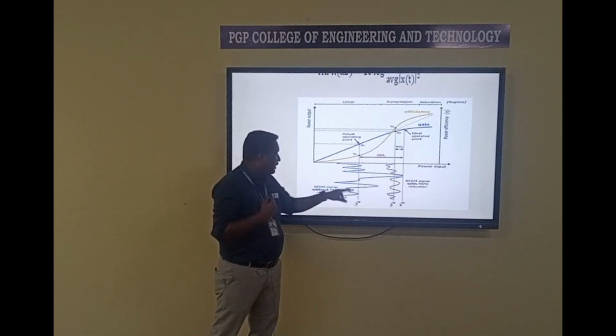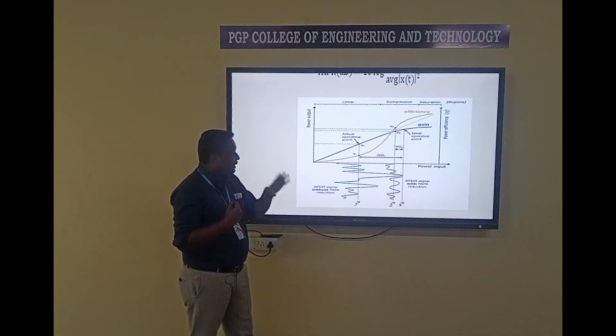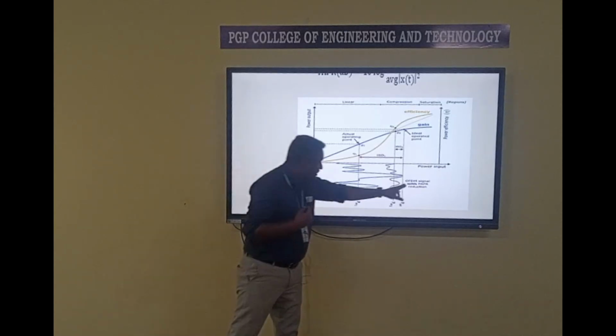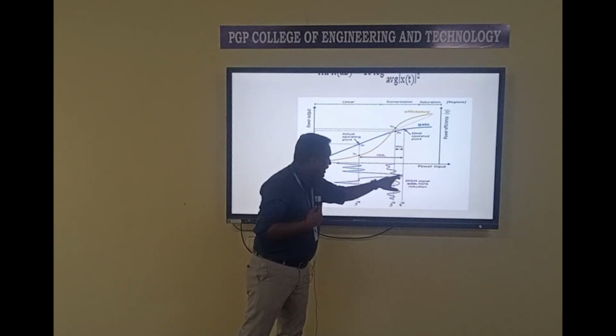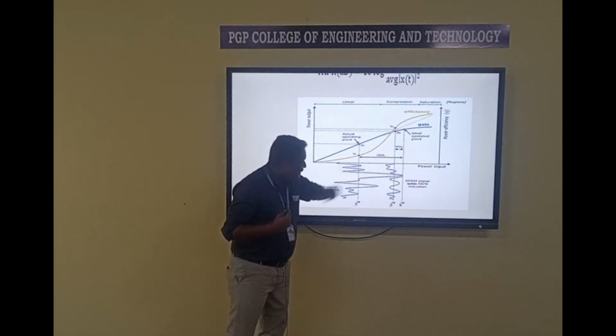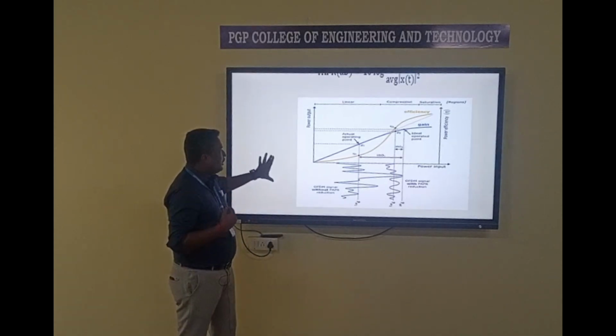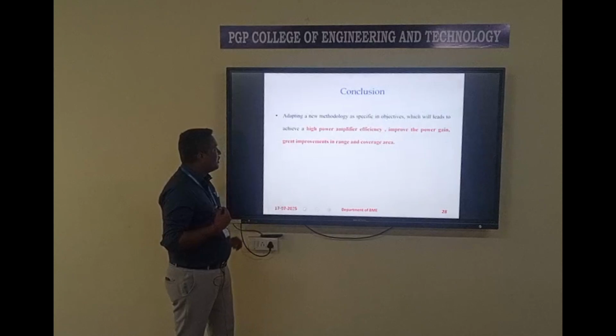The peak level finally affects the total system through gain and efficiency. Once the PAPR is reduced, we get more gain and efficiency. That is the difference between the blue line and the purple line. That is one of the important concepts of peak to average power ratio.